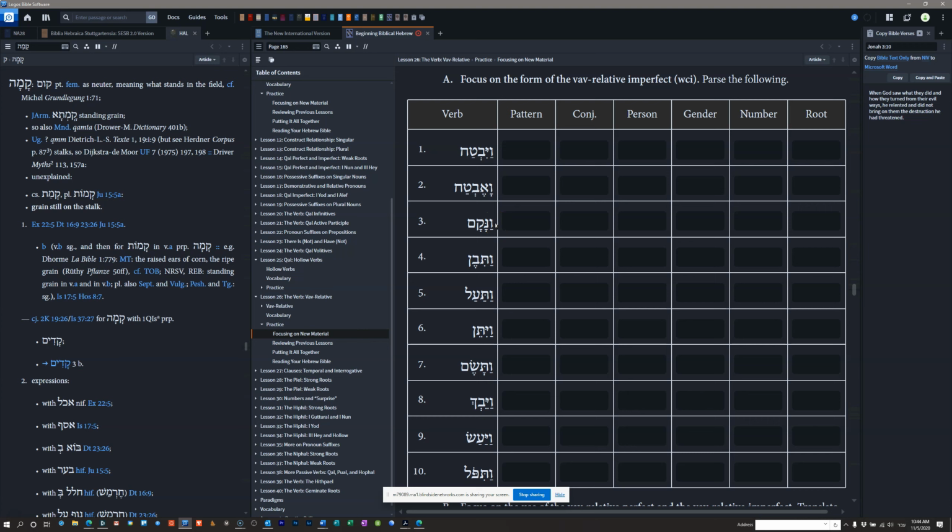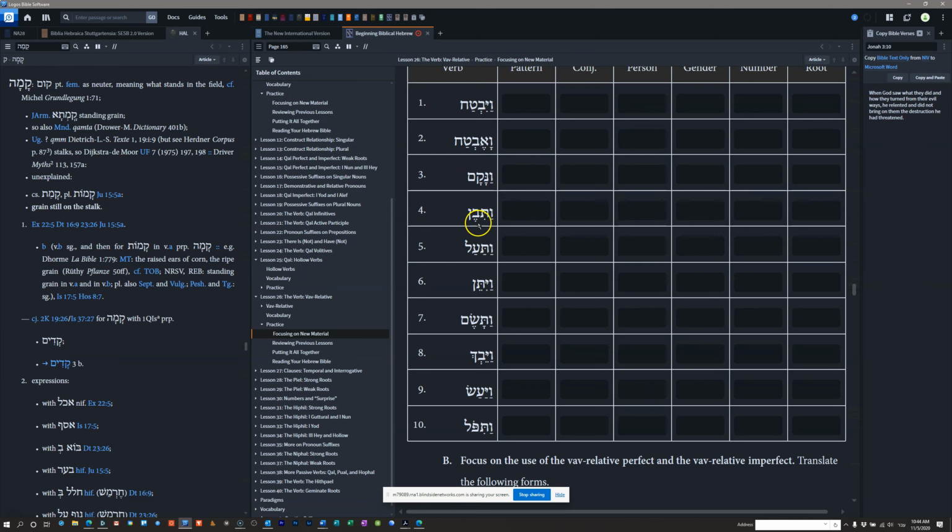So this would be, we arose. Even though it looks like an imperfect, the vav relative actually attaches to the preterite, which is a past tense. So, we arose would be our translation here. Or, and we arose. Then we arose. Something like that.